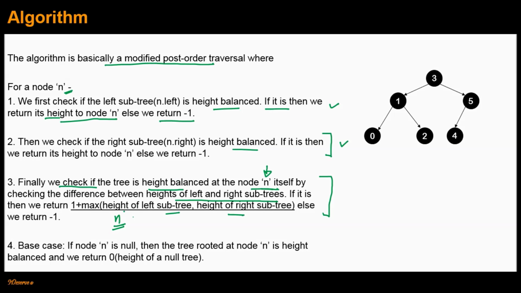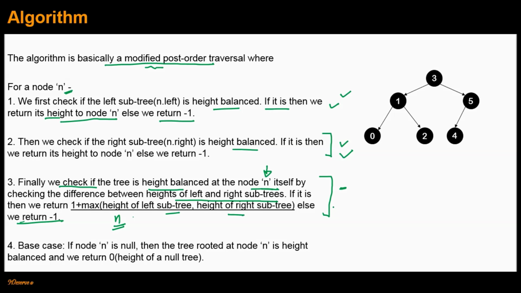If the tree rooted at node n is not height balanced, then we return -1. Notice that this is nothing but a modified post order traversal where we are first checking if the left subtree is height balanced, then we are checking if the right subtree is height balanced, and finally at the node n itself we are checking if the tree is height balanced.